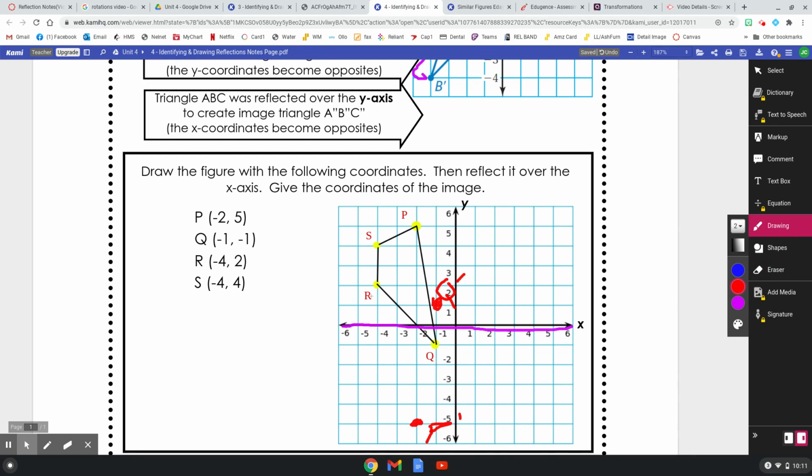And then if I want to move R, I'm going to move it 1, 2. So I go the other side 1, 2, and that is R prime. And then S prime, 1, 2, 3, 4.